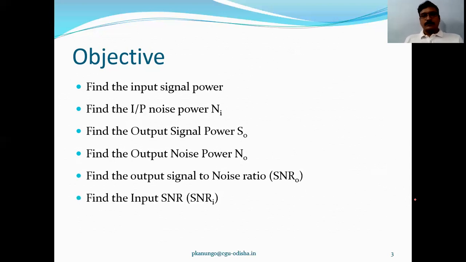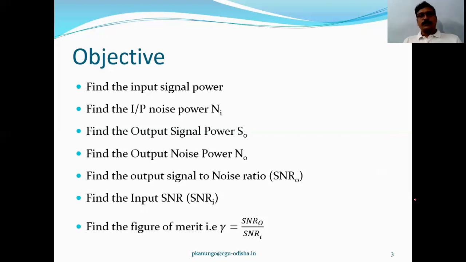Then, based on the input signal power and input noise power, we can evaluate the input SNR. Once we evaluate the input as well as output signal to noise ratio, we can also calculate the figure of merit, which is the ratio of output SNR and input SNR.